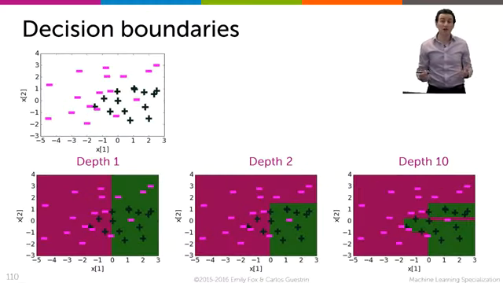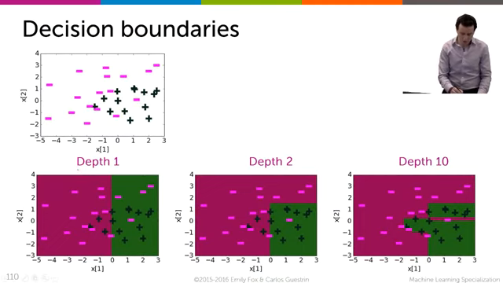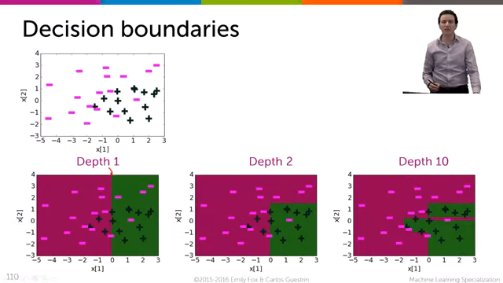In this example, we can keep the decision tree learning process going. At depth 1, we just get a decision stump, which corresponds to the vertical line that we drew in the beginning, -0.07. If we go to depth 2, we get this little box that contains most of the positive examples, but there are still some misclassifications over here.